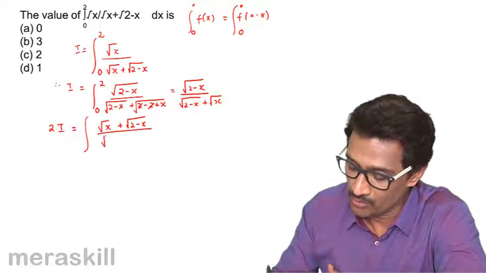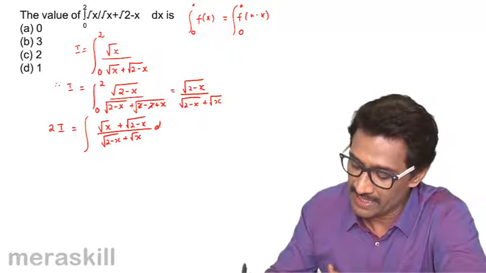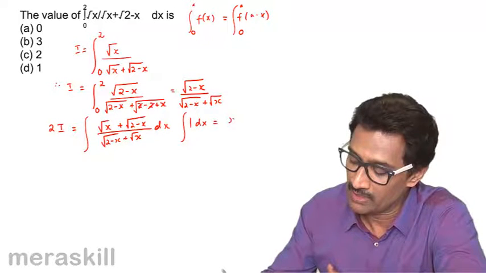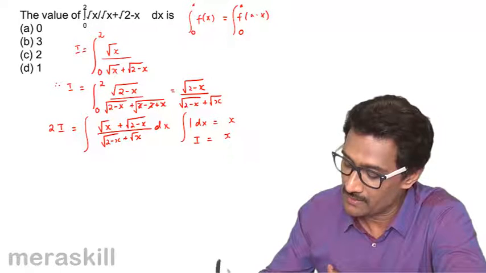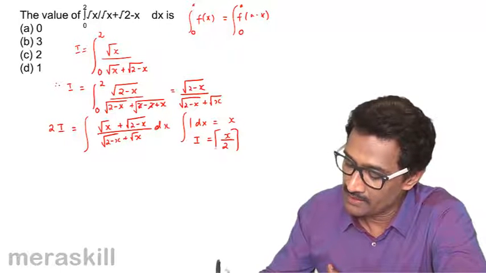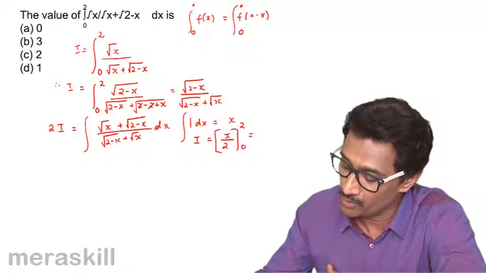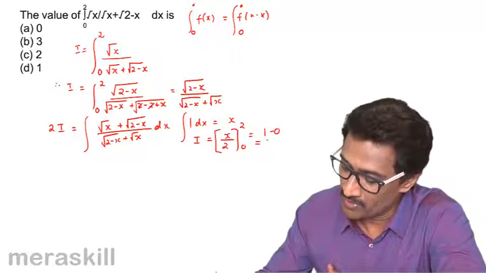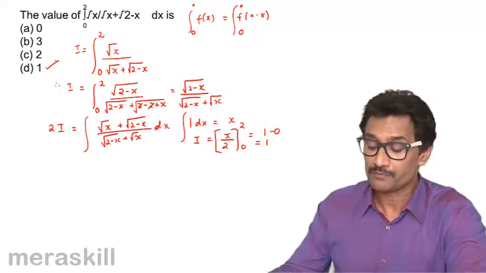It is again root 2 minus x plus root x, which is even dx, which is eventually 1 dx, which is nothing but x. So I is going to be x by 2 in the range 0 to 2. So it's going to be 2 by 2, that is 1, minus 0 by 2, which is going to be 1.